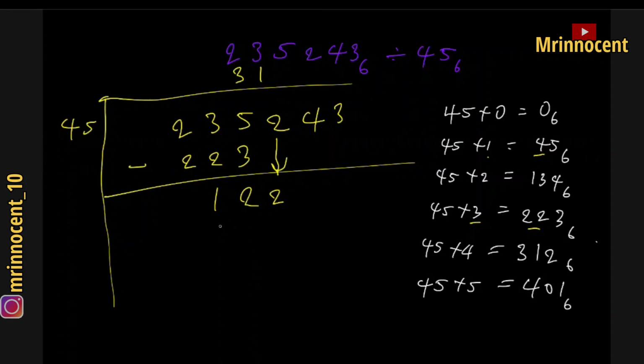1 times 45 is 45. So you subtract. 2 minus 5 cannot, borrow 1 here. Call it 6. 6 plus 2 is 8. 8 minus 5 is 3.